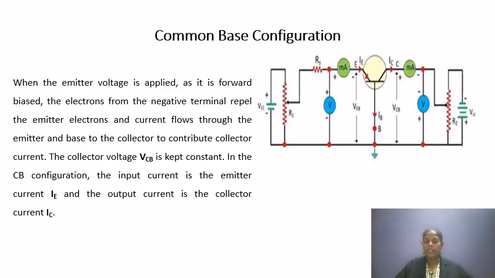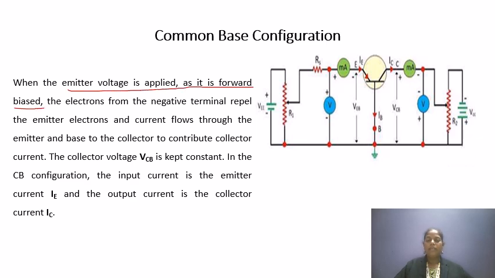This is the connection between emitter and base. Positive is connected to positive and negative is connected to negative. So it is forward bias.